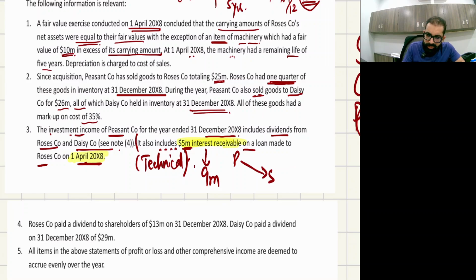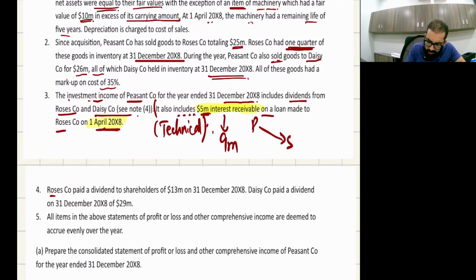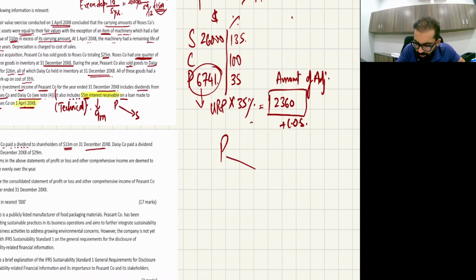Now, also they are saying that the investment income of Peasant company includes dividend from Roses and Daisy. Now let's see what the dividends are. Roses company paid a dividend to shareholders of 13 million on 31st December X8. Now out of this 13 million, listen, Roses means subsidiary company.